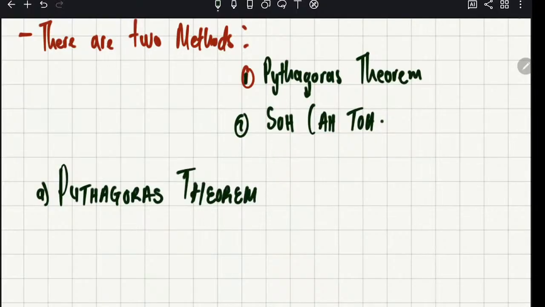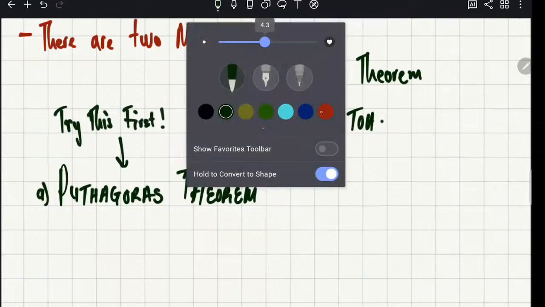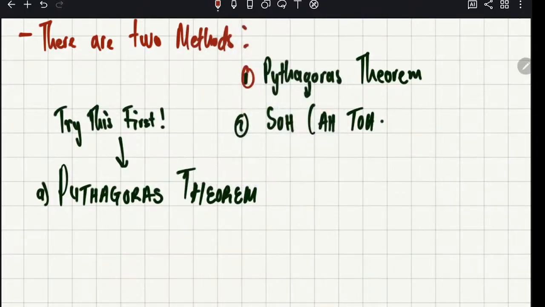Try this first. When you get a triangle that has a right angle, you try Pythagoras theorem first before you go to SOHCAHTOA. I'll take you to sine rule and cosine rule and show you what you also do there. So let's finish it here.